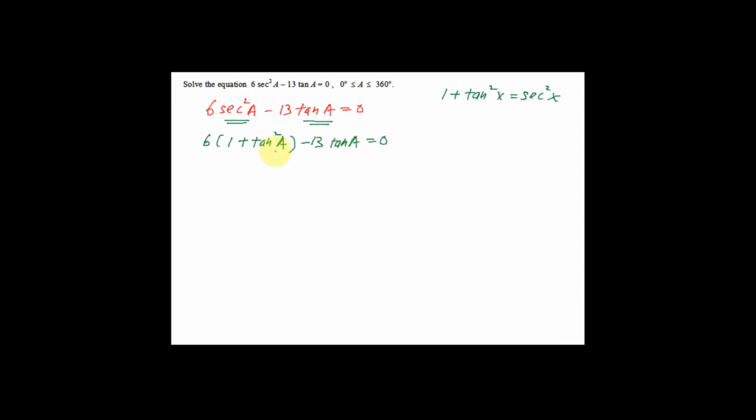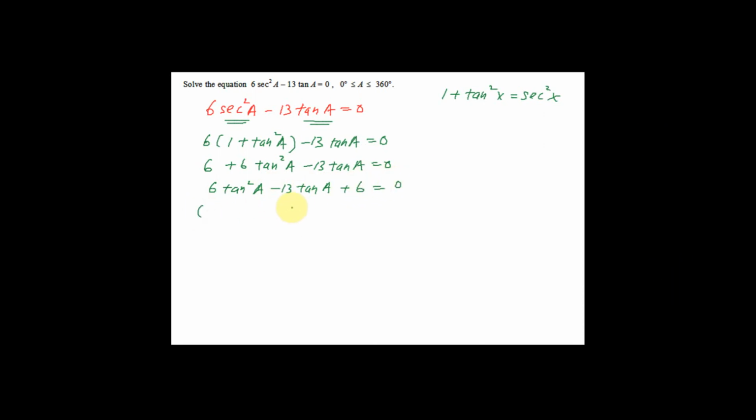You should be happy with this because you have a quadratic equation now in tangent. Expand it, you have 6 plus 6 tangent square a minus 13 tangent a equal to 0. Now you have 6 tangent square a minus 13 tangent a plus 6 equal to 0.